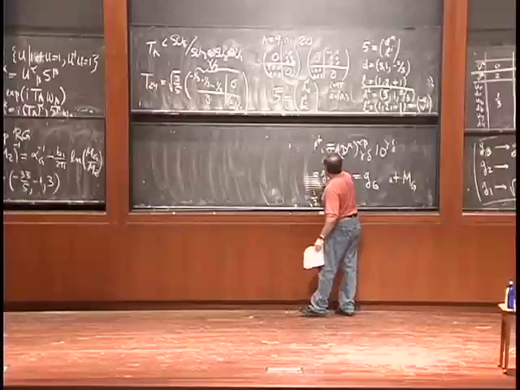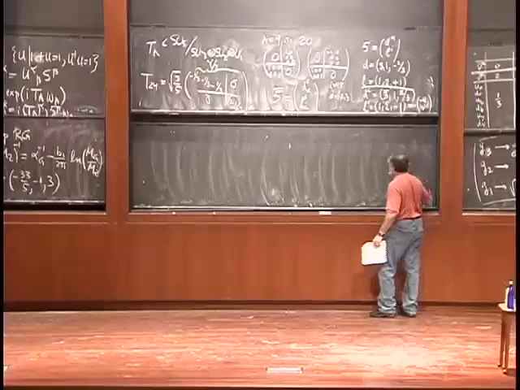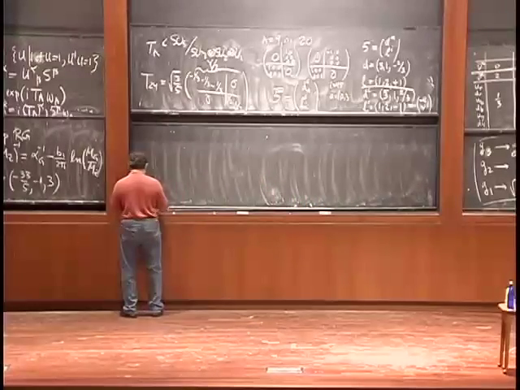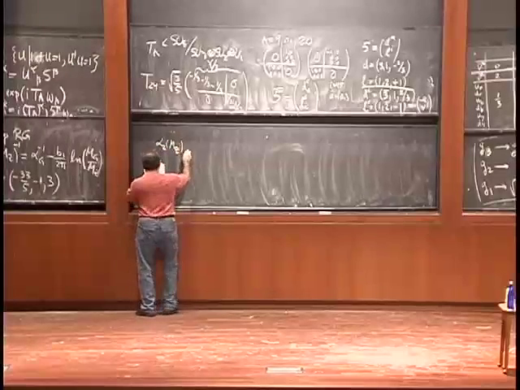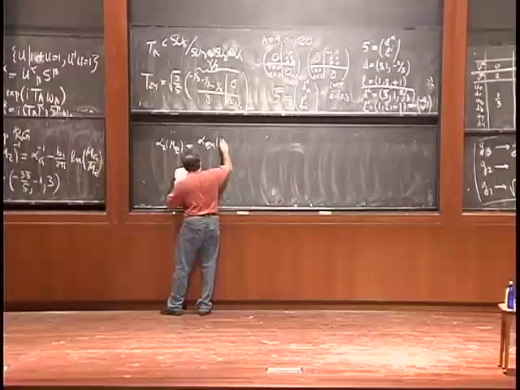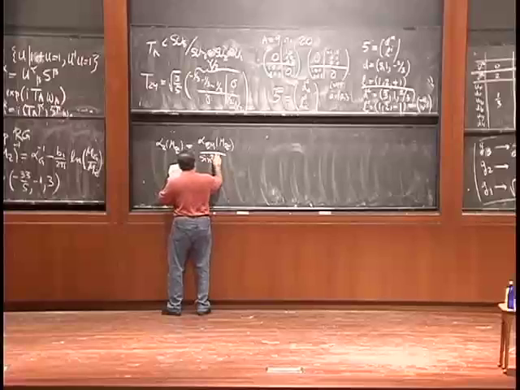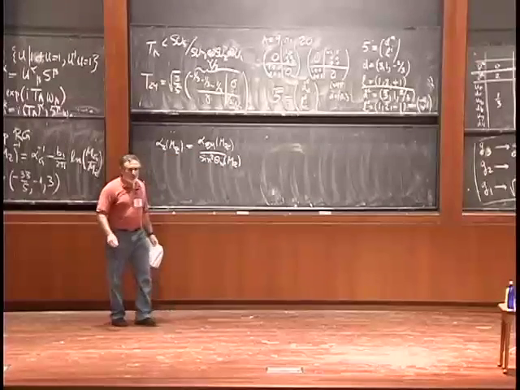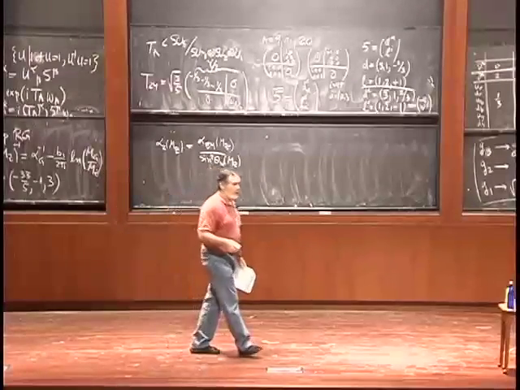What's the relationship between alpha 1 and alpha 2 at the weak scale and alpha electromagnetic and the so-called sine squared theta W? Well, alpha electromagnetic evaluated at the weak scale has a value of about 1 over 128.